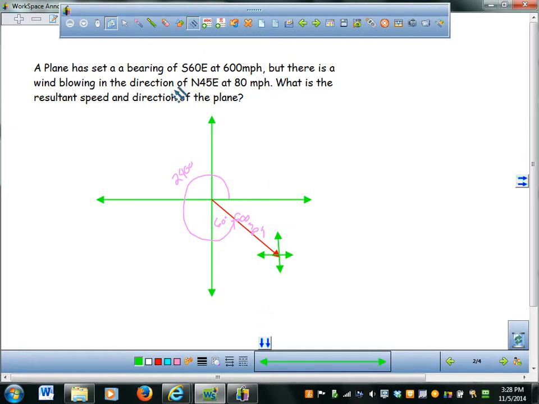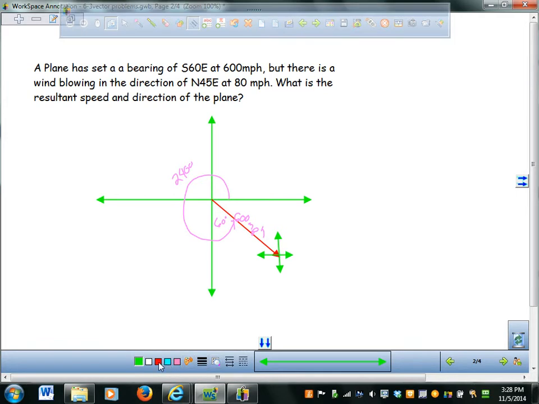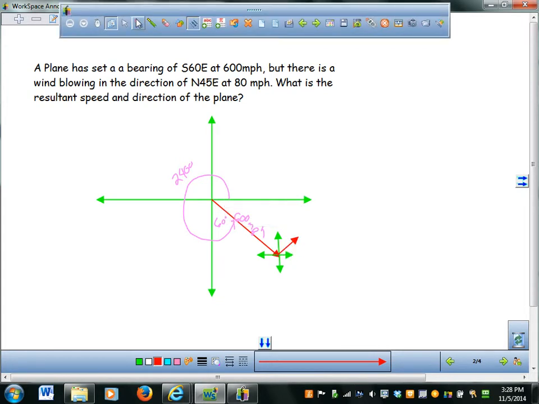So that's a smaller vector because it's going 80 miles an hour, so the length represents the speed of the vector. So I'm going to try to draw one in there, and that angle there is 45 degrees.